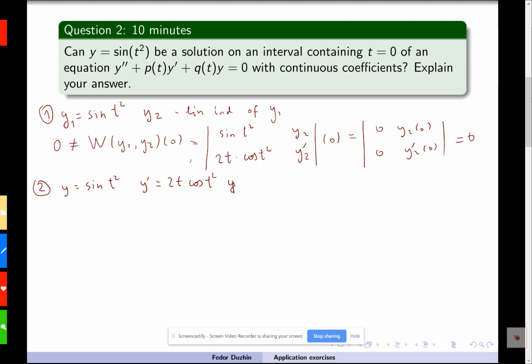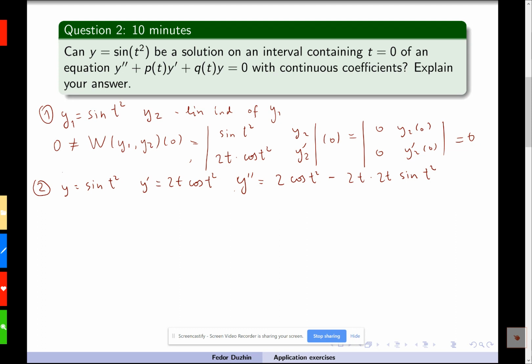So y double prime: we've got to differentiate y prime according to the product rule. First we differentiate t, so we get 2 times cosine of t squared, plus 2t times the derivative of cosine of t squared, which is 2t times minus sine of t squared. So it's going to be minus 4t squared times sine of t squared.